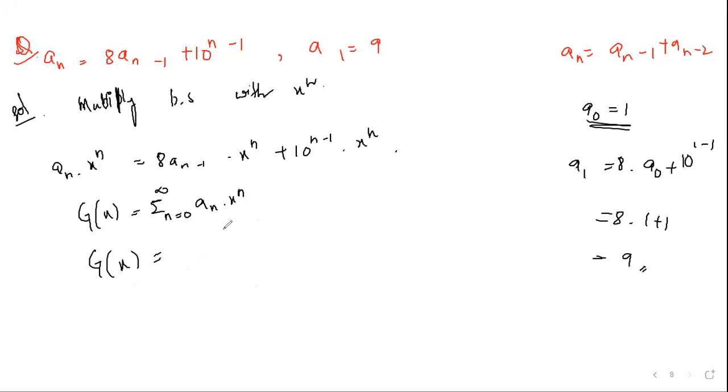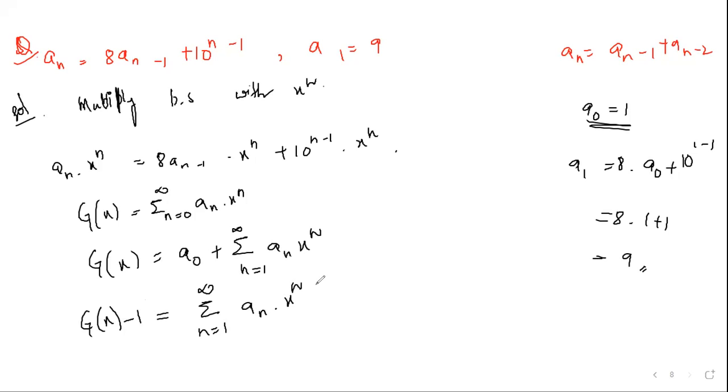G(x) is equal to a_0 plus a_1 x plus a_2 x^2 and so on. But over here, since n is equal to 0 to infinity, I have taken a_0 already. So now I can write the summation from n equal to 1 to infinity of a_n x^n. Now after that, what is the value of a_0 that we took? We took a_0 value as 1. So G(x), I am shifting it to the other side. G(x) minus 1 is equal to the sum from n equal to 1 to infinity of a_n x^n.